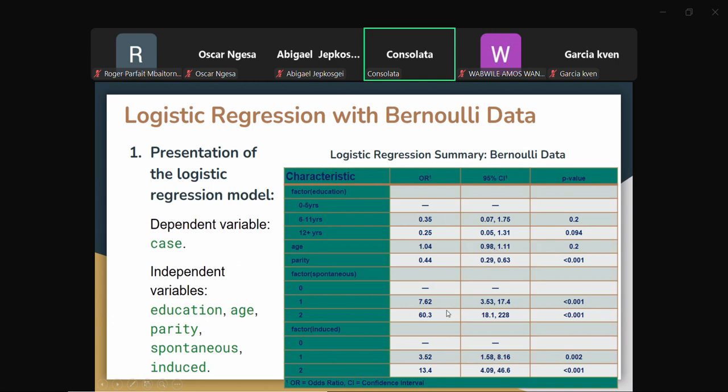And when you look at this table, the main predictors are those which have a p-value of less than 0.05.